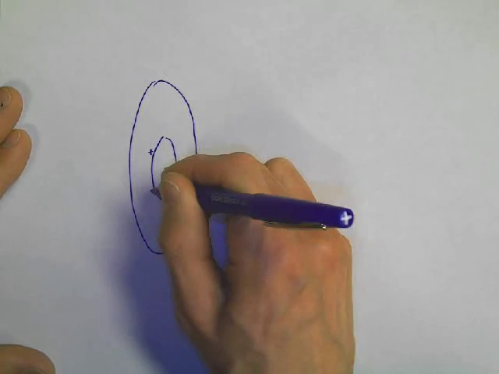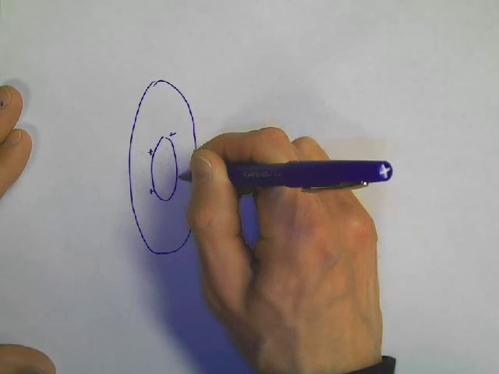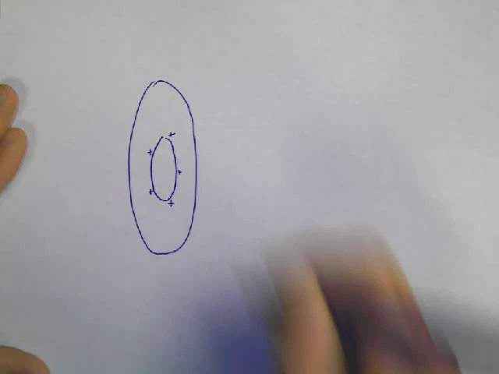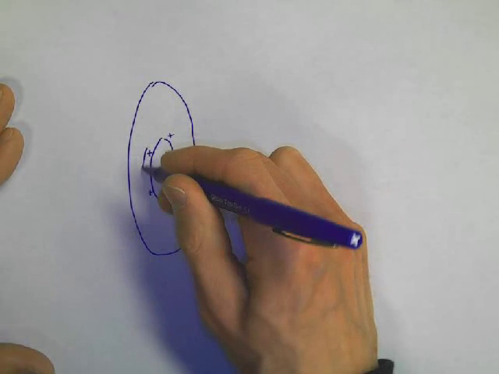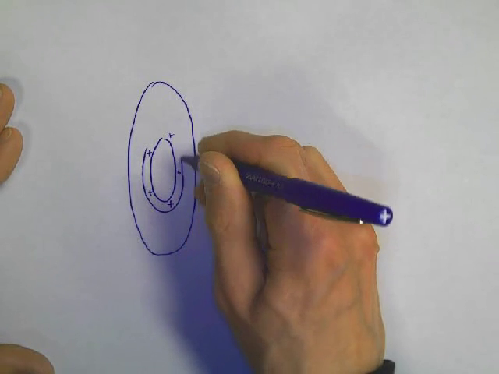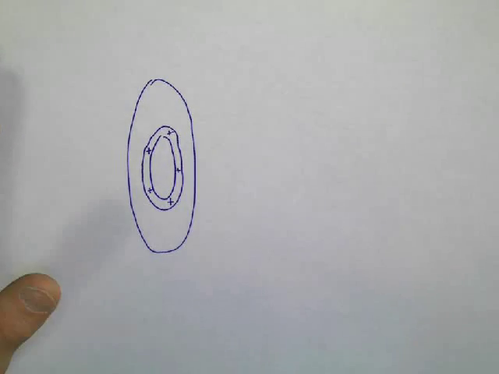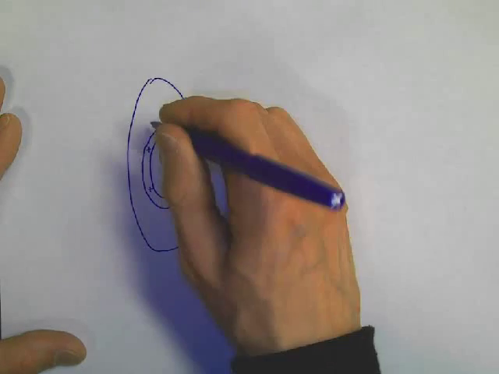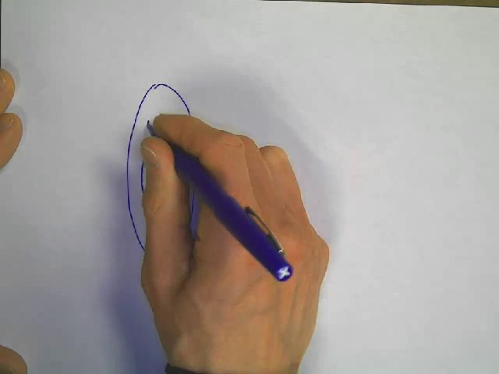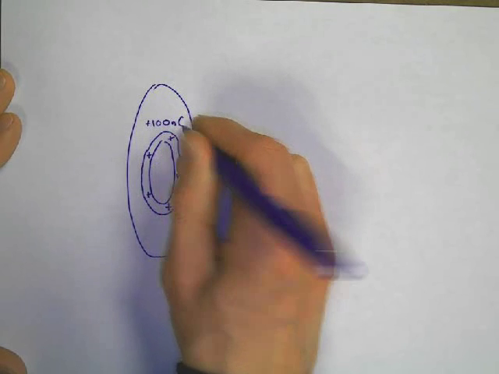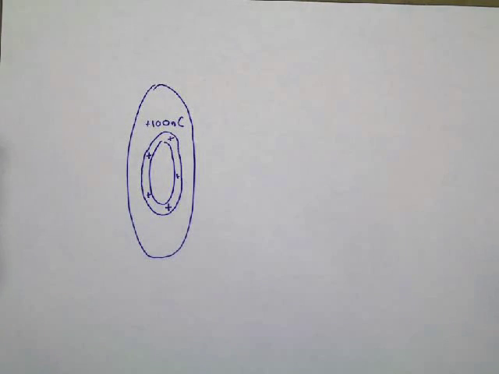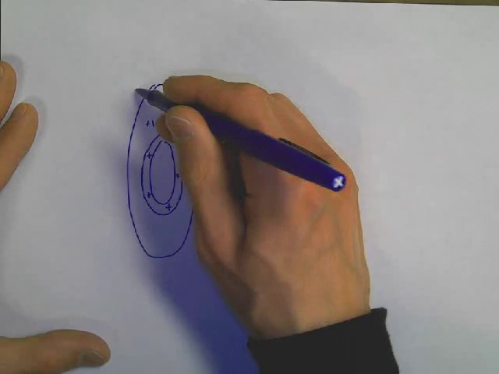And we'll make the smaller ring positive. Okay. We're going to give that a charge of plus 100 nanocoulombs. And then we're going to make the outside ring negative.